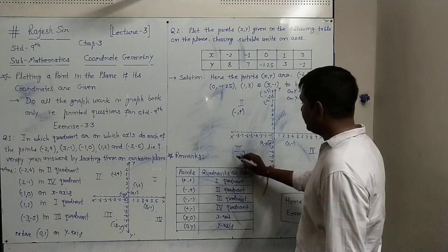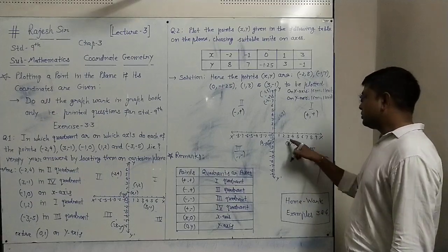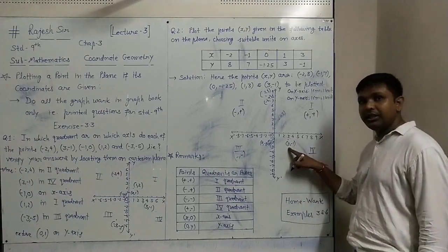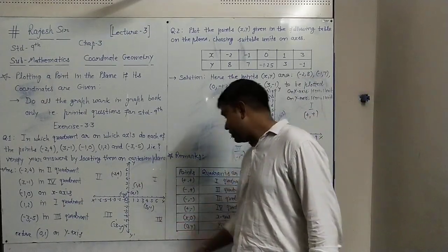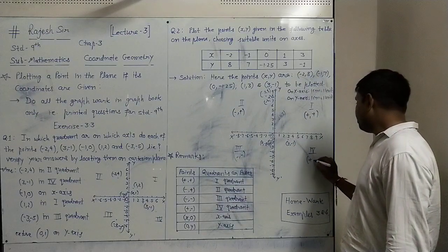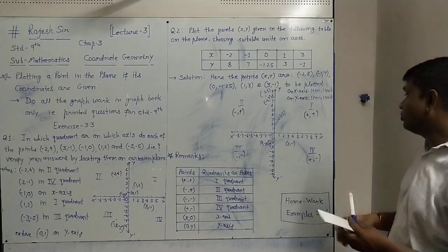That type of point will come. In the fourth quadrant you see this point has plus x coordinate and minus y coordinate. Here also plus minus, fourth quadrant, plus minus, fourth quadrant. So it's a plus minus type of point. All such points come in the fourth quadrant.